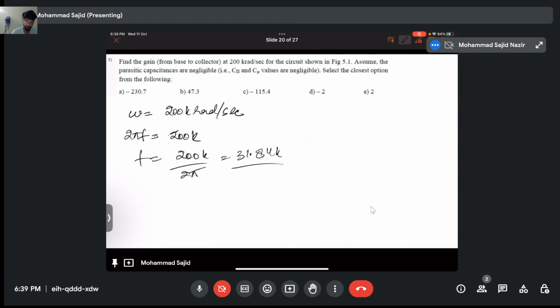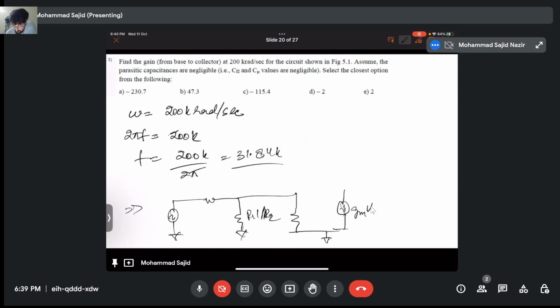Okay, so the equivalent circuit will be like this. Let's assume that the capacitors are short. All right, so this is V in, this is RS.